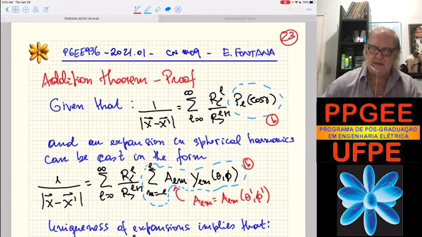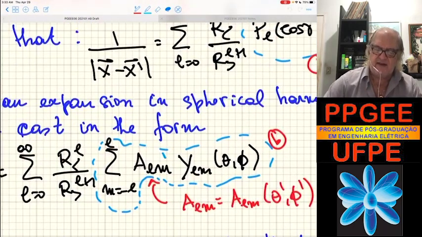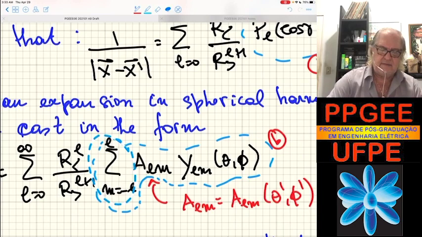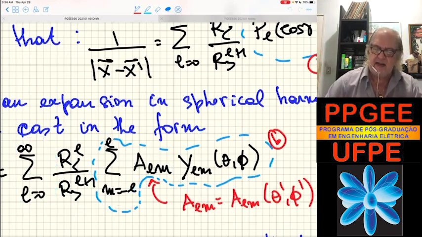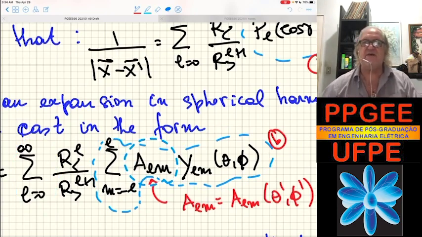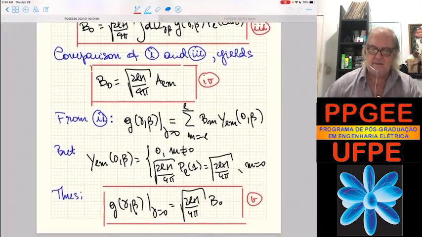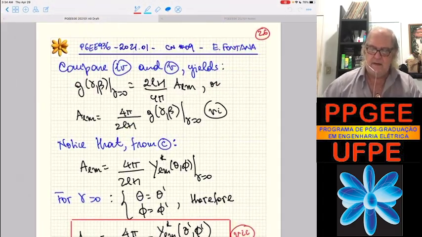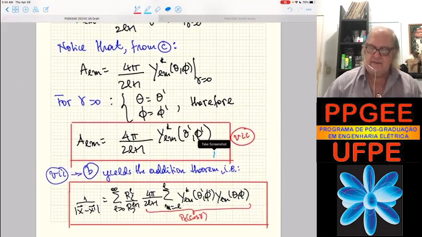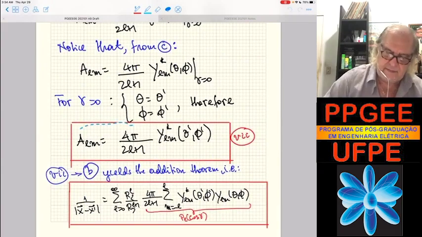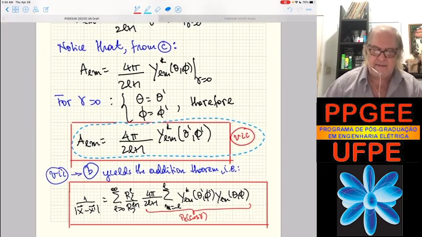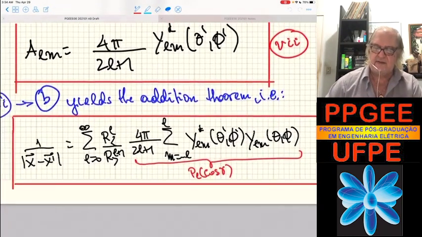Let's go back here. We had to find which one this is, because the rest is already there. There's a double sum, and you have this factor here. The only thing left is this function of theta prime and phi prime, which we just discovered. Right here. And then we have the final result.